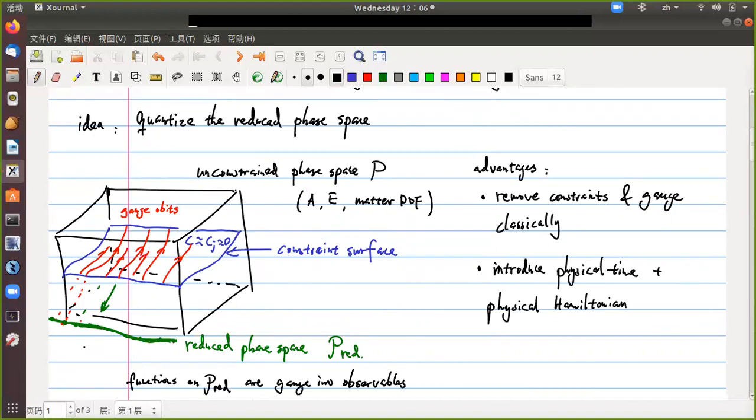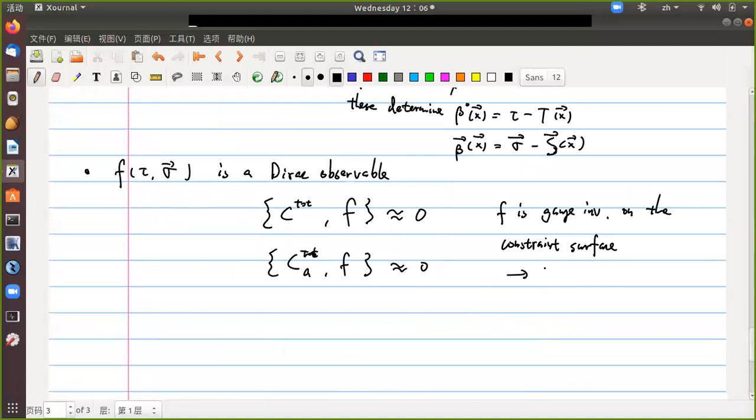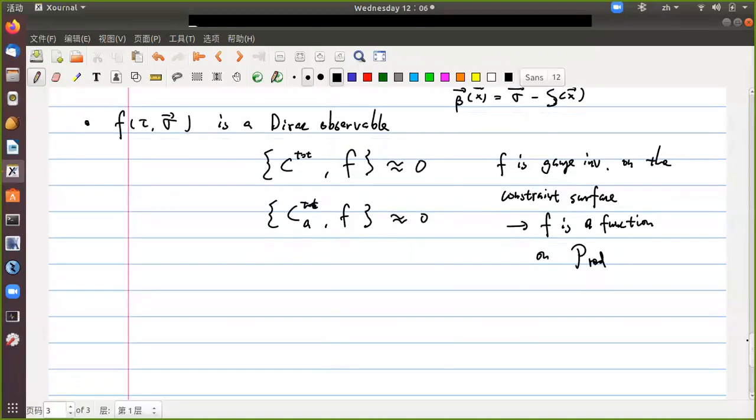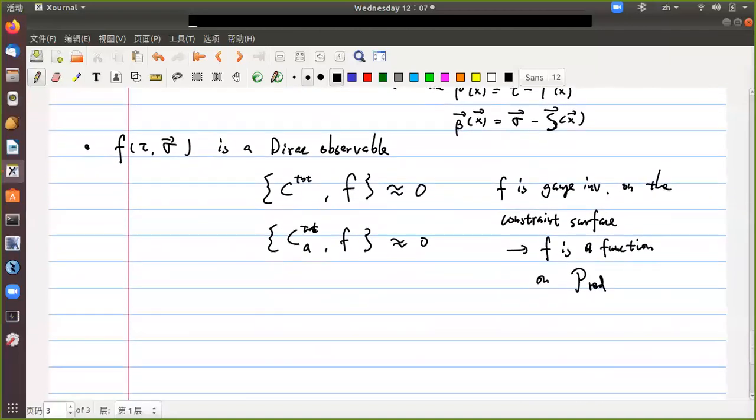Then you can project this function on the reduced space. You can view this function as a function on the reduced space. So this F constructed in this way is really a Dirac observable.